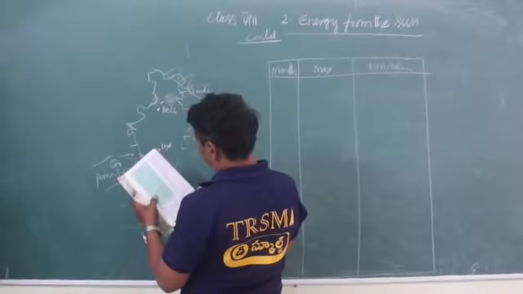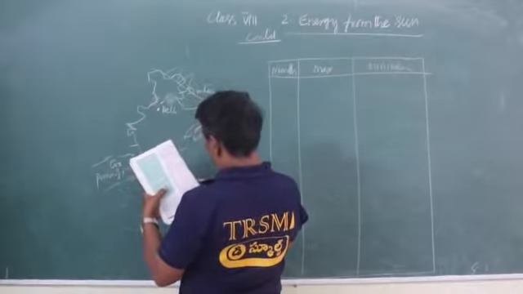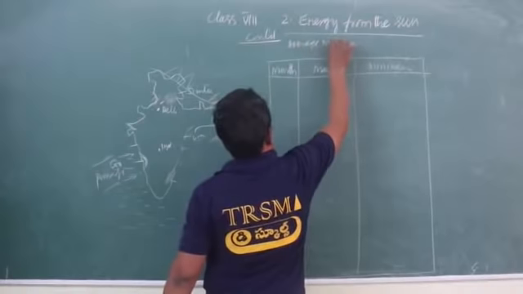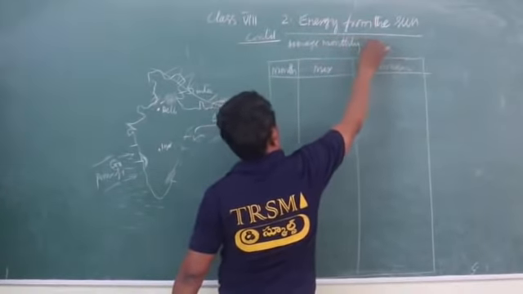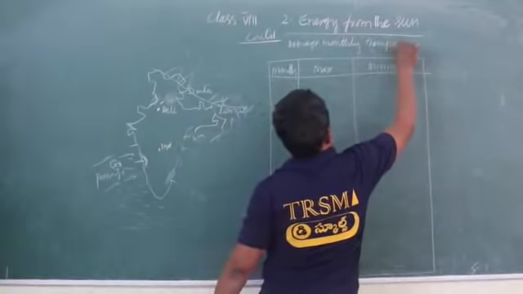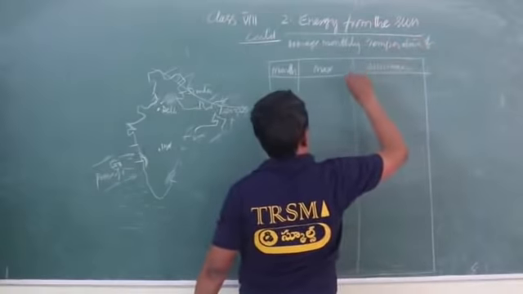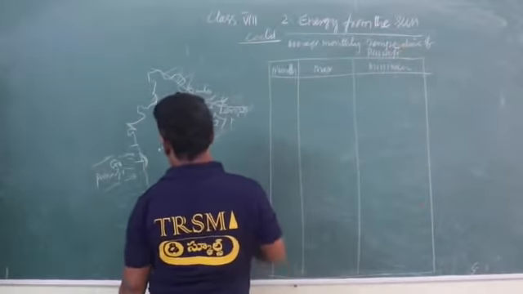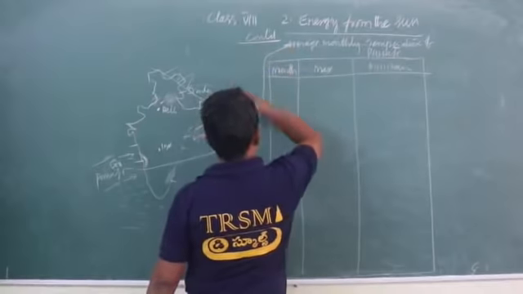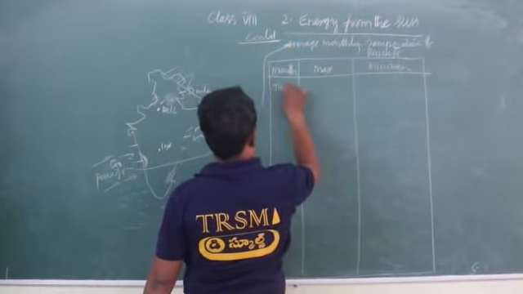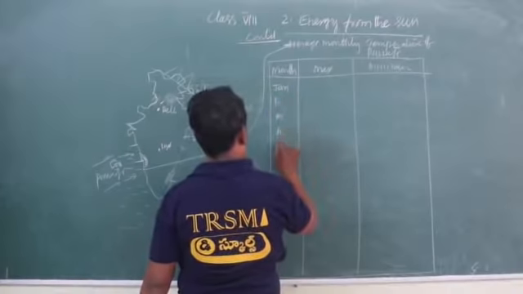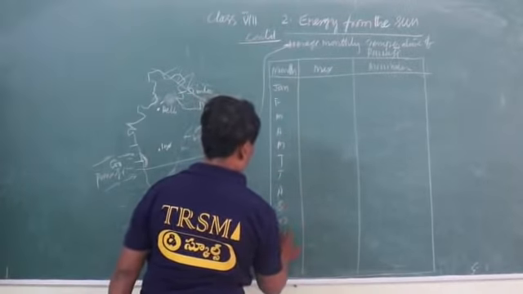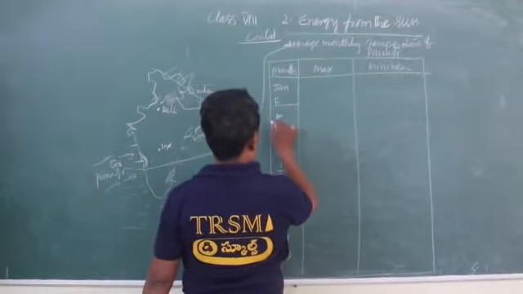See here the average monthly temperature of Panaji: January, February, March, April, May, June, July, August, September, October, November, December.